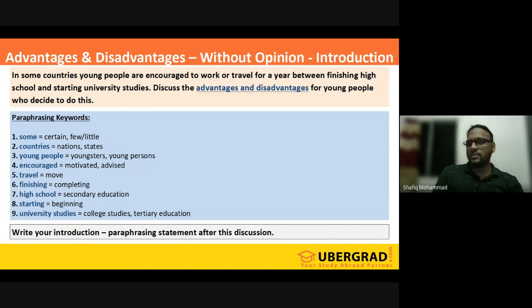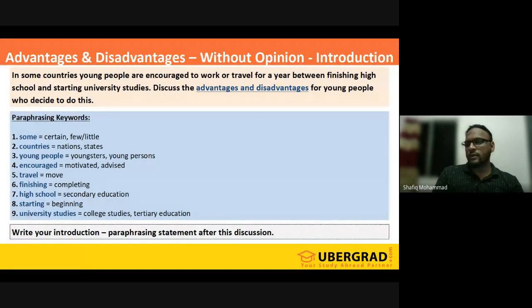The starting word of the sentence should be capital. Okay. In certain nations, youngsters are advised to work or move for a year between completing secondary education and tertiary education. Okay, done.